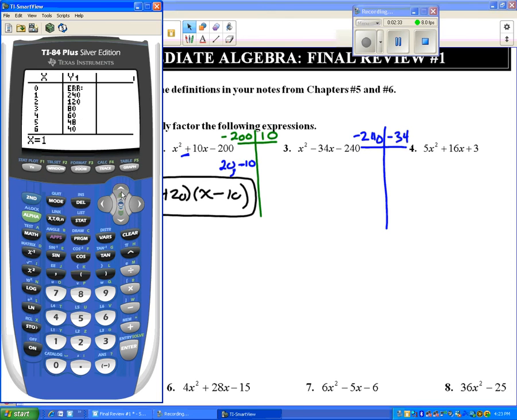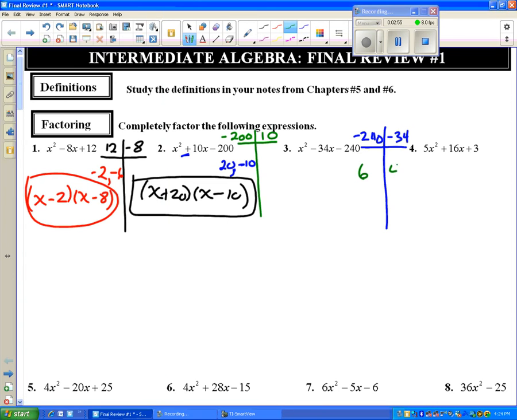Again, let's look at these answers. I have 1 and 240, 2 and 120, 3 and 80, 4 and 60. None of these so far will add up to 34. 5 and 48, maybe 42, but not 34. 6 and 40, if I subtract, will give me 34. So I need 6 and 40.